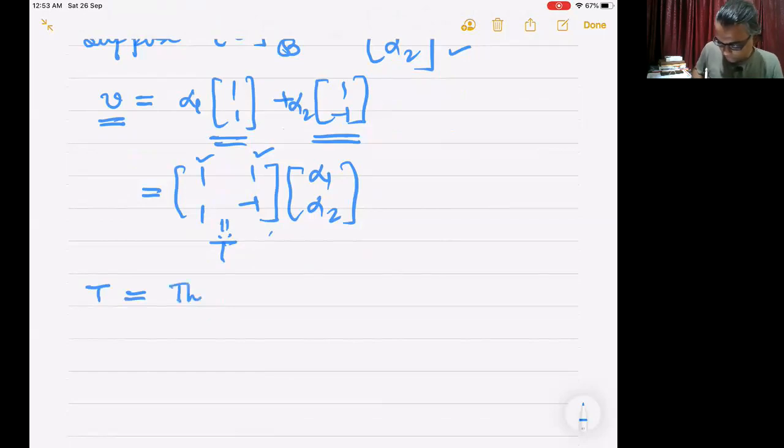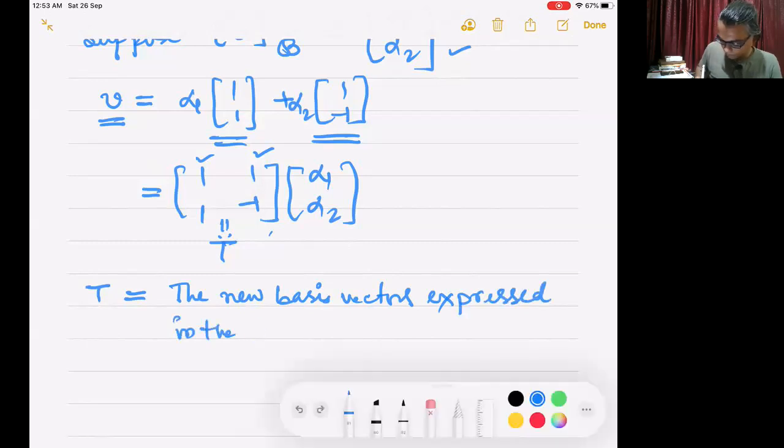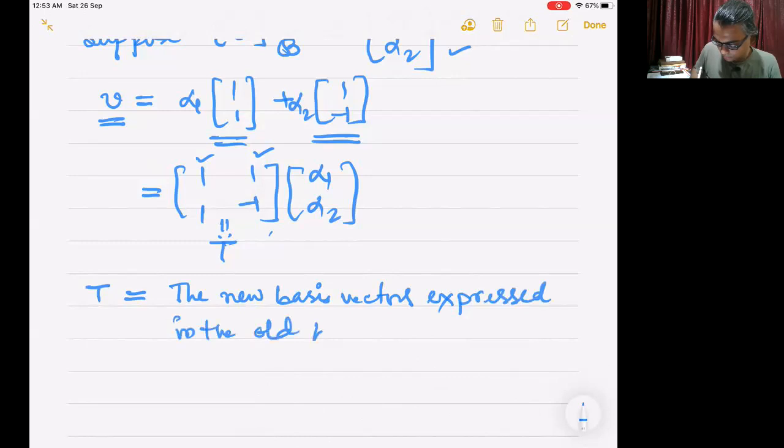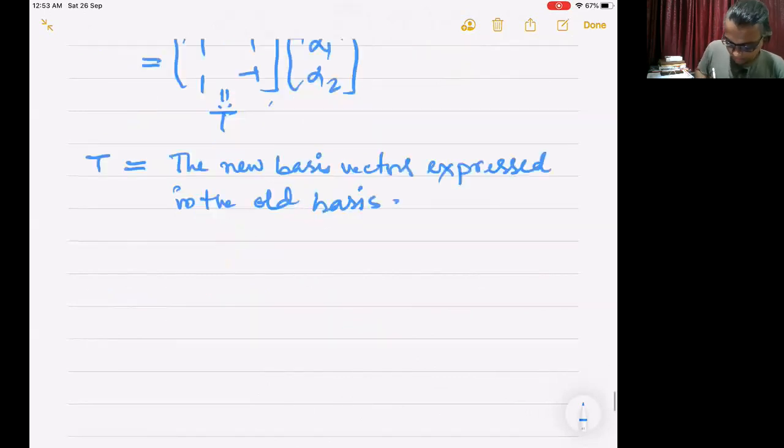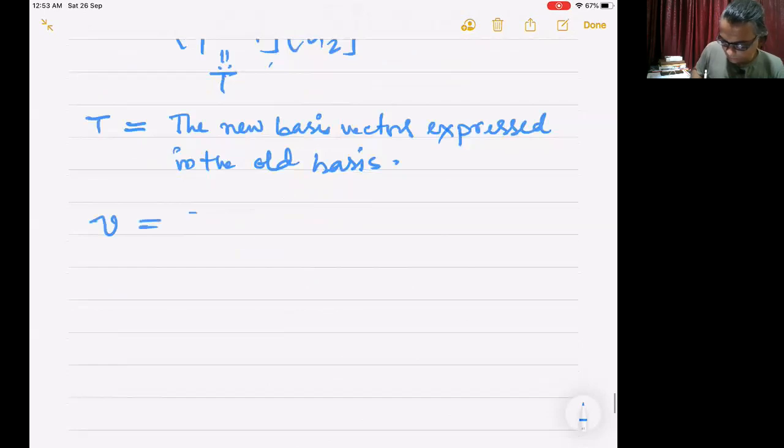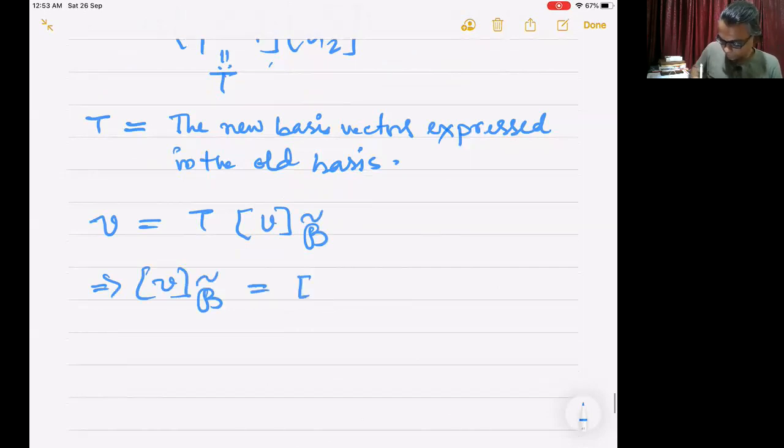Keep in mind that this T is nothing but the new basis vectors expressed in the old basis. Notice that V is equal to T times V in the new basis, which then means V in the new basis is T inverse multiplying V, which happens to be V in the standard basis.